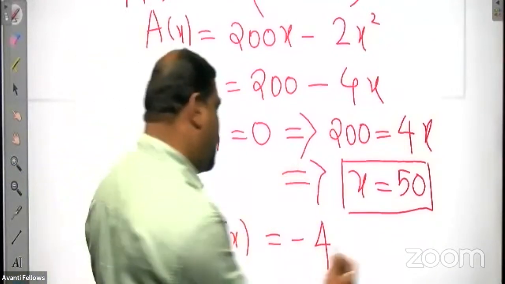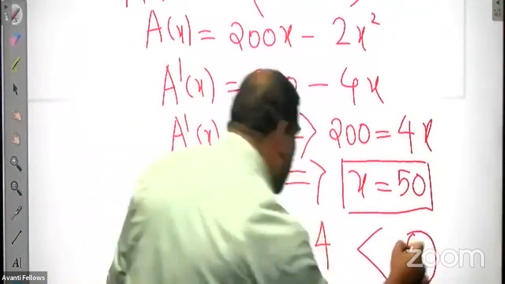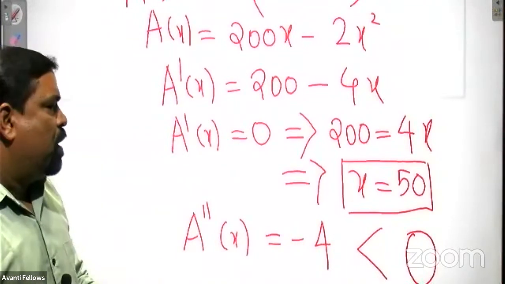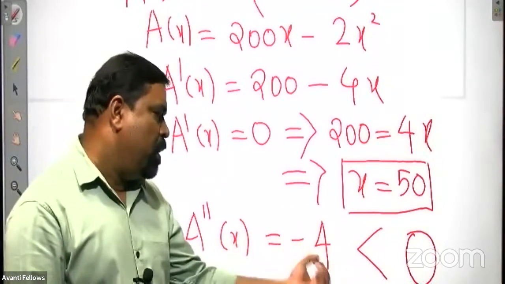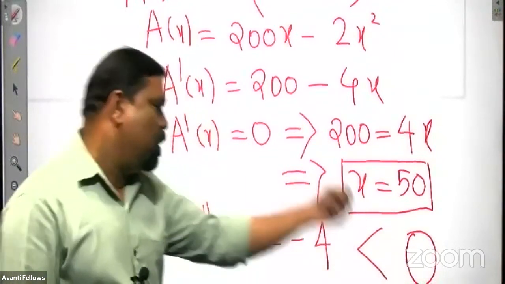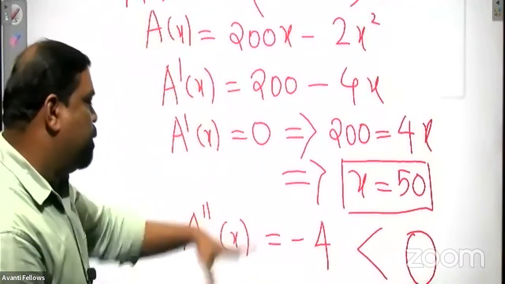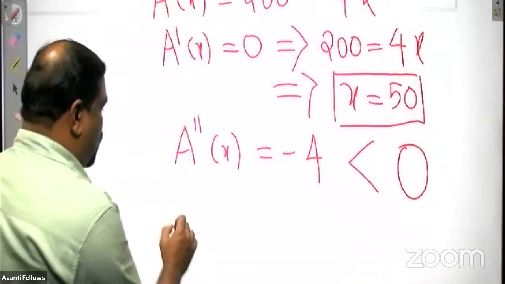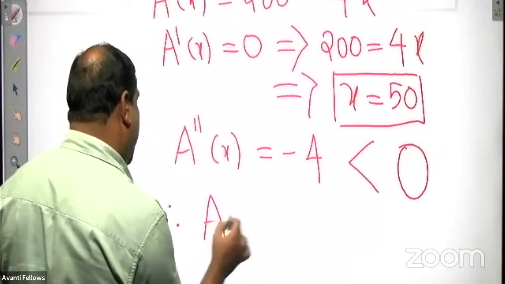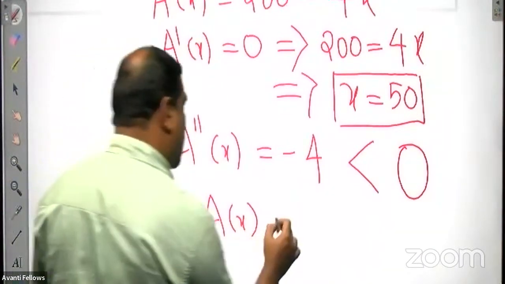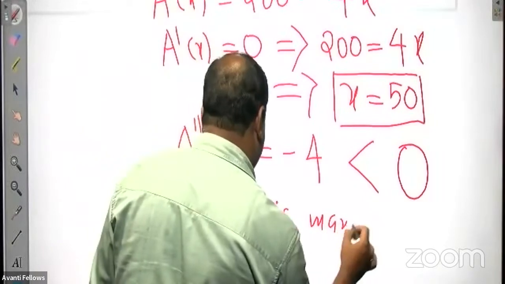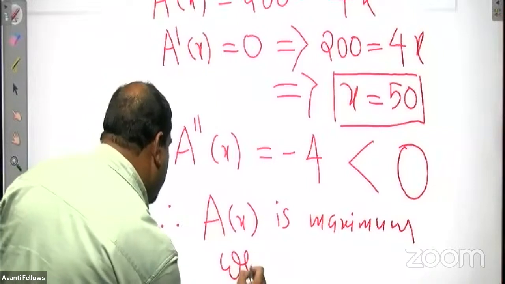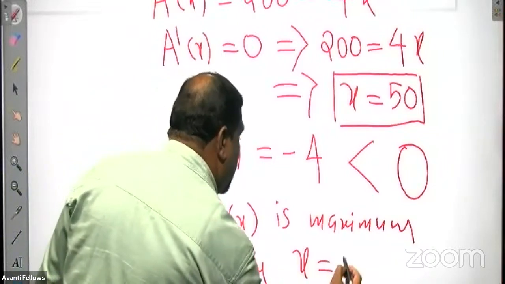Directly we are getting the value as negative, there is no need for any substitution of x value. Since the second derivative is negative, the second derivative test says that A of x is maximum at the critical point, 50.